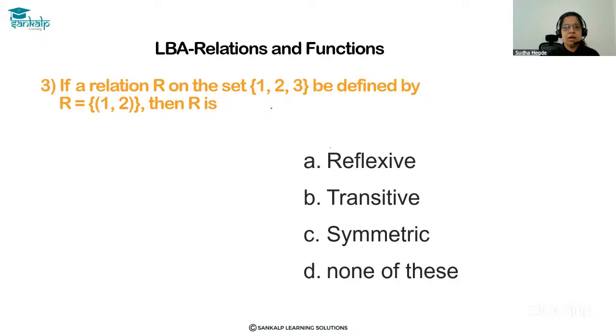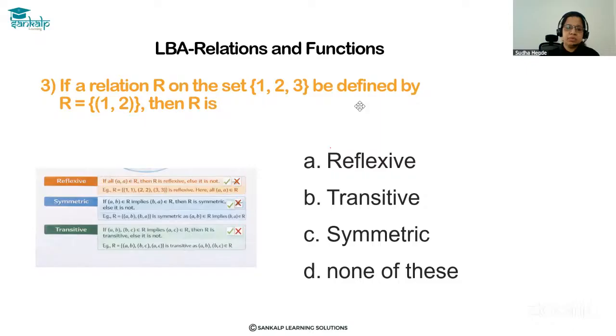If a relation R on the set {1, 2, 3} is defined by R = {(1, 2)}, then R is: options A reflexive, B transitive, C symmetric, D none of these. What is a reflexive relation?